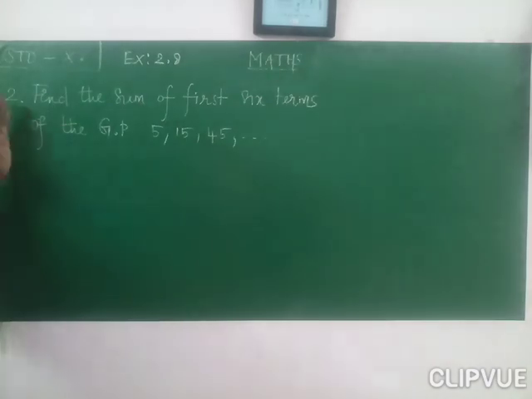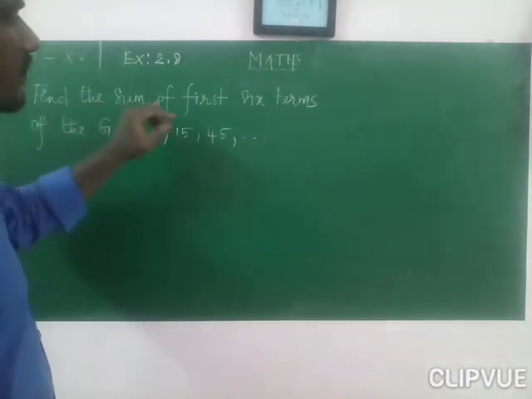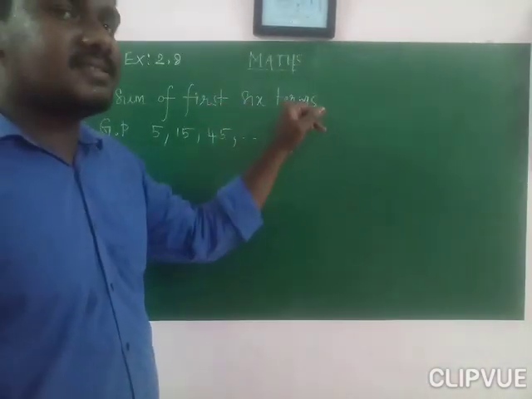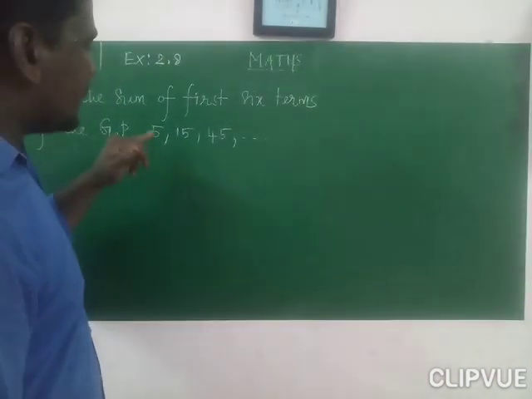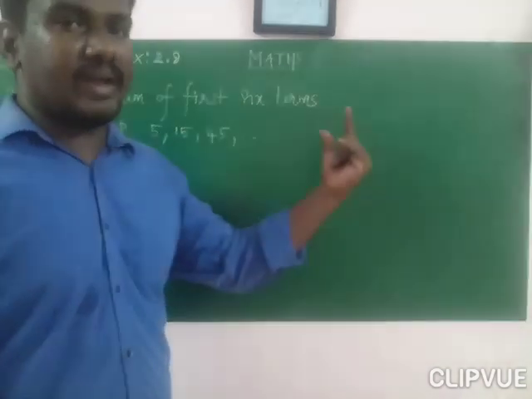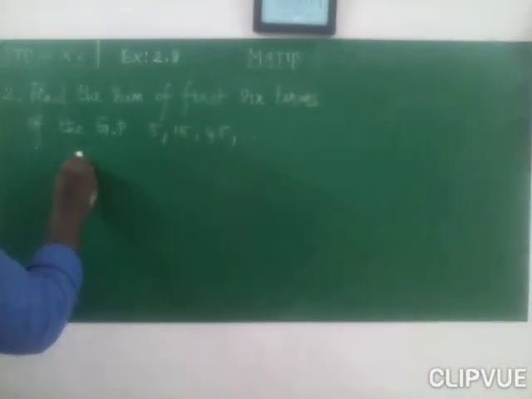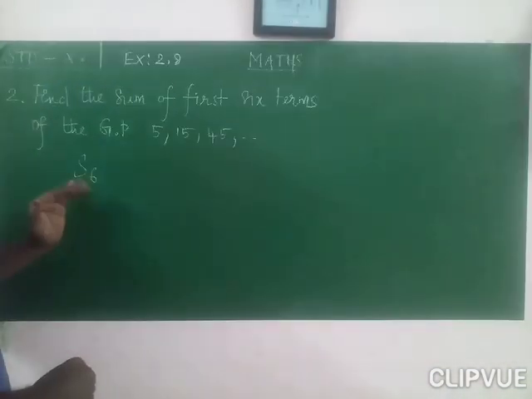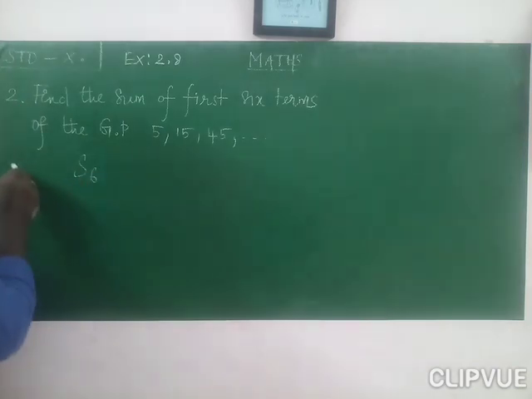Exercise number 2.8, question number 2. Find the sum of the first 6 terms of the GP given by 5, 15, 45 and so on. So we are going to find S6, the sum of first 6 terms. What is the value of n? N is equal to 6, therefore S6.